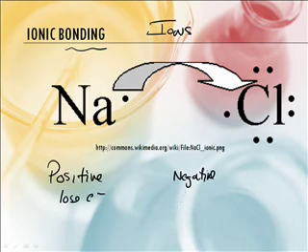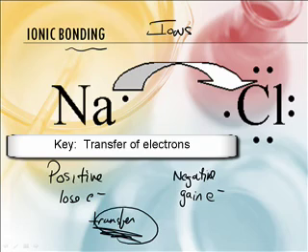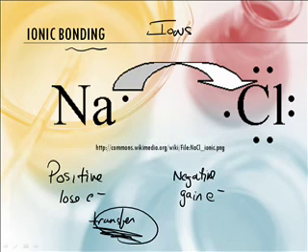So when we build an ionic bond, we take two elements, and one of them loses the electron and gives it to the other one, so there's a transfer of electrons going on. That's key. An ionic bond happens when there's a transfer of an electron from a metal atom to a non-metal atom.